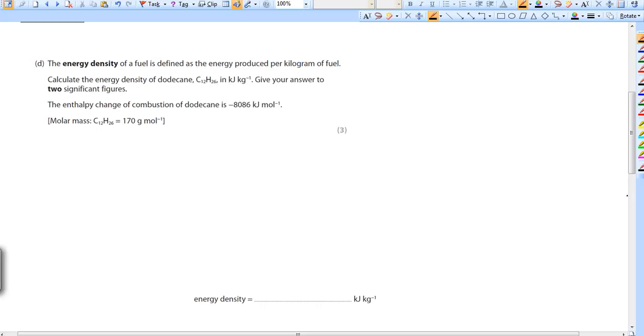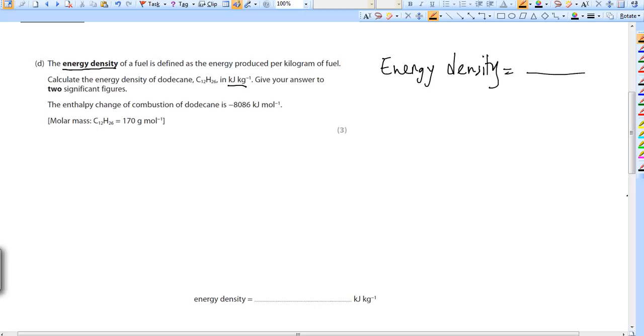So this is the energy density given. At first, let us know what is meant by energy density. Let us write the unit for energy density. Let us look at the energy density that is given over here.